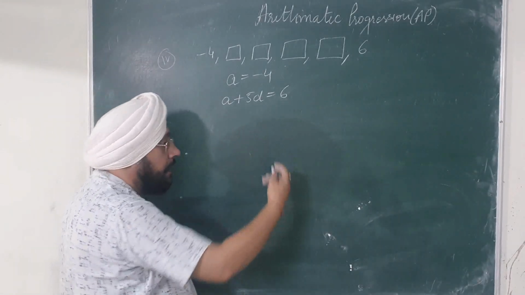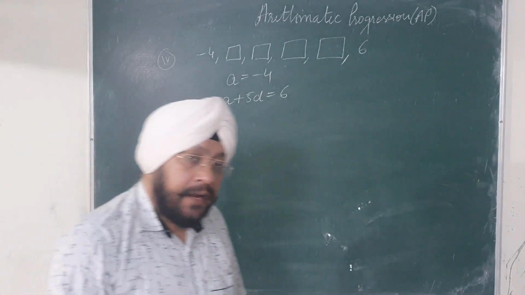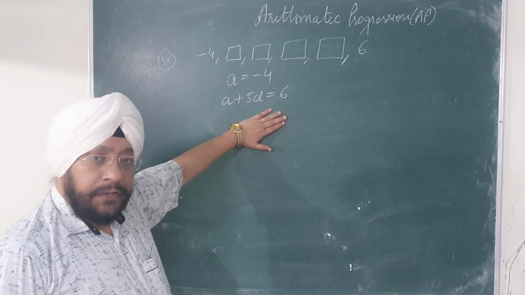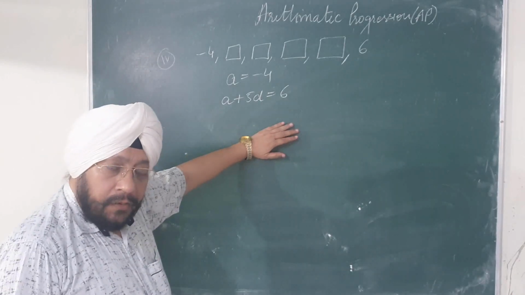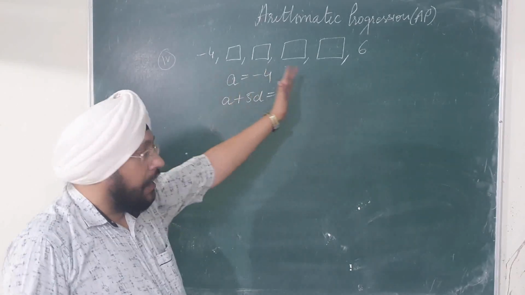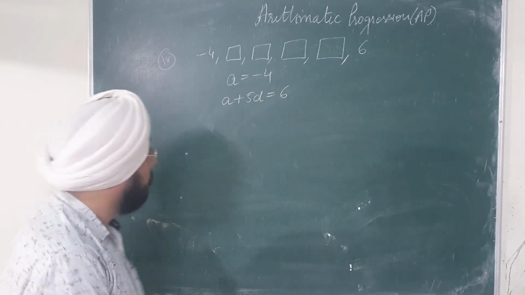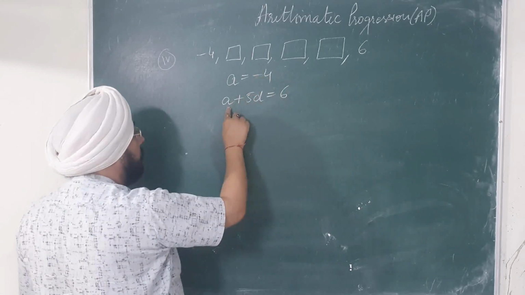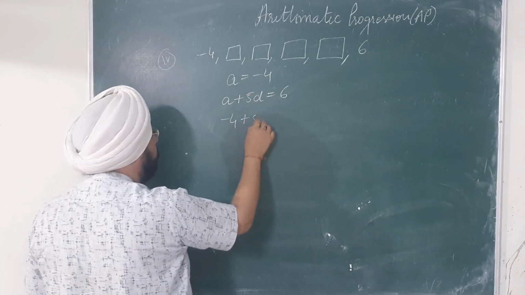To find any term we require a and d. So whatever conditions or values are given, we have to solve them to find a and d. After finding a and d, we can find any term of the sequence. So let's put a equals minus 4 in the second equation.